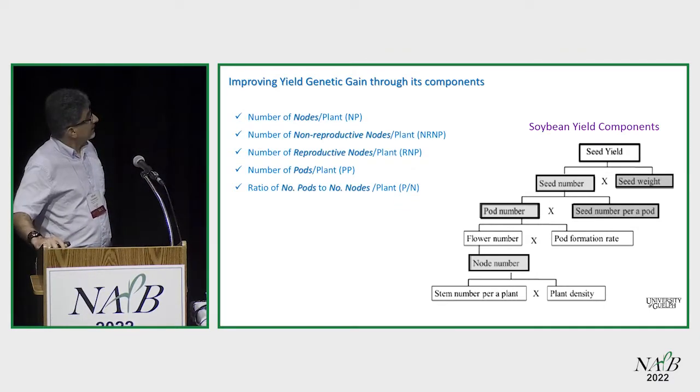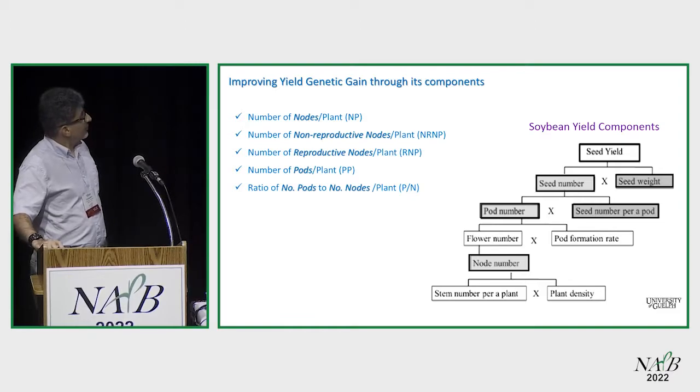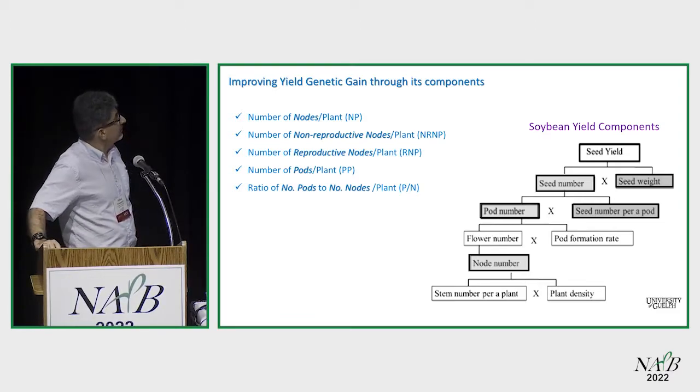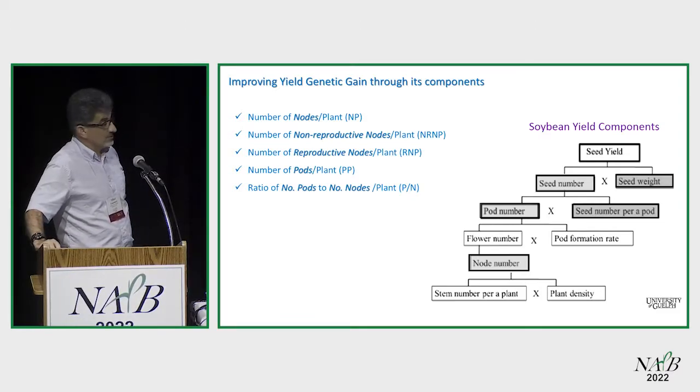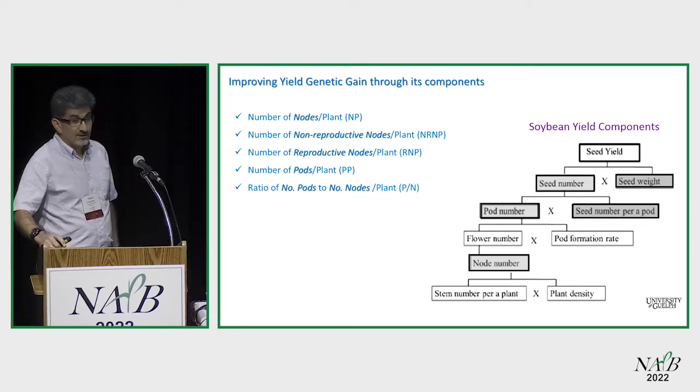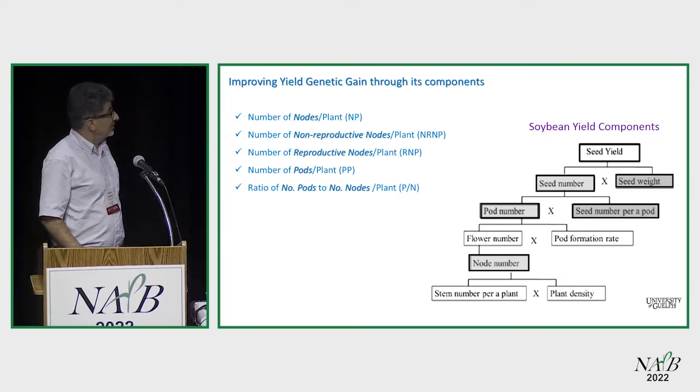In this study, we use number of nodes, reproductive and non-reproductive nodes, and number of pods per plant, as well as the ratio of number of pods to number of nodes per plant, to predict yield.